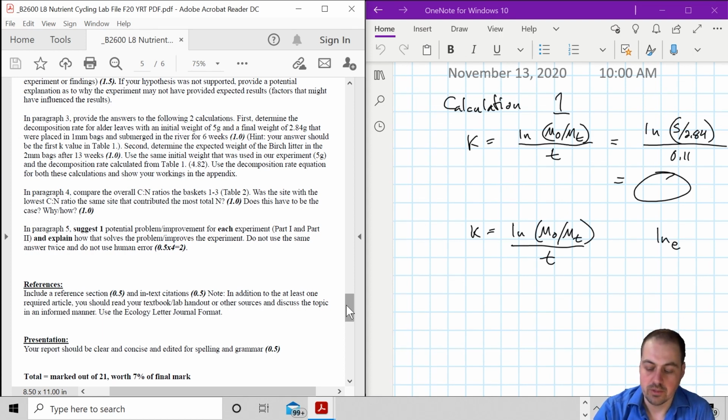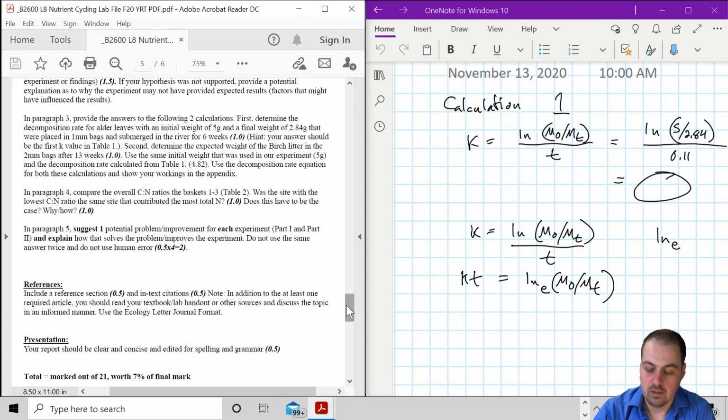So first, you want to solve for MT here, which is your mass in 13 weeks. First thing you're going to do is bring your T over. So kT equals ln of M0 over MT. And then you're going to take your natural log. So again, your base is e.